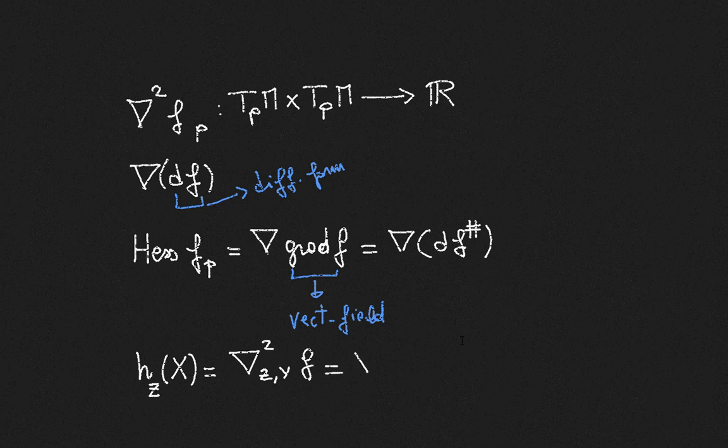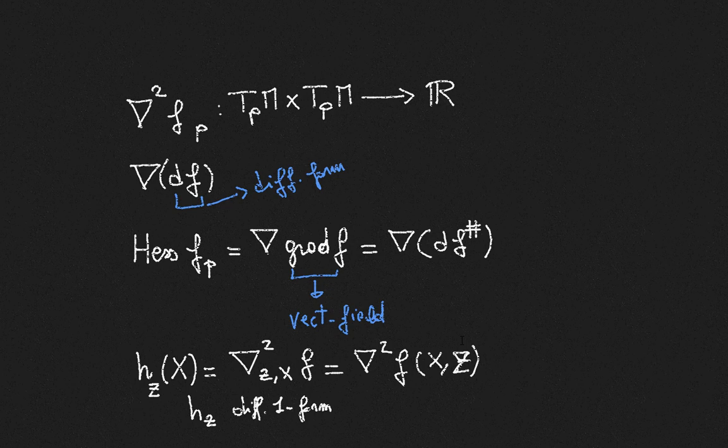Which is another way to write the Hessian of f applied to x and y. Now, x and z is symmetric, so who cares? Now, this is again a differential one form.